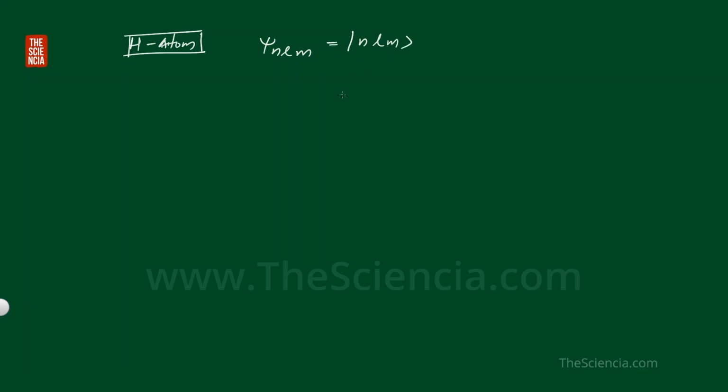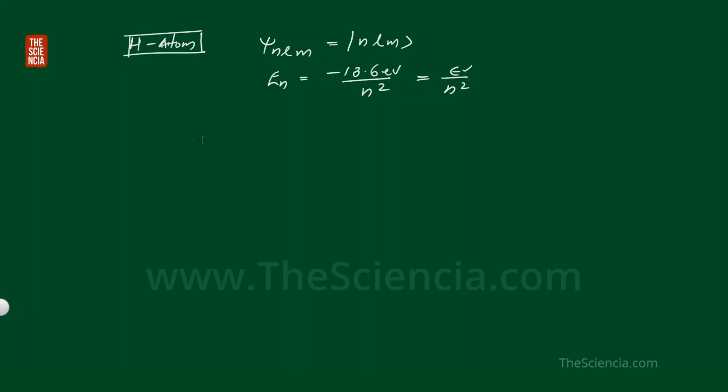I think you know the energy expression for the hydrogen atom, that is En is equal to minus 13.6 eV by n square. Here I am representing this as E by n square, where E is minus 13.6 eV. This is just for simplifying the calculation; in the final expression we will substitute for E.